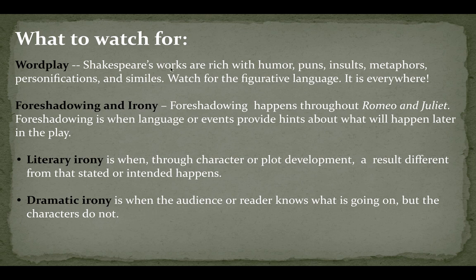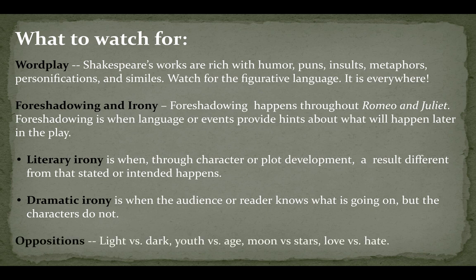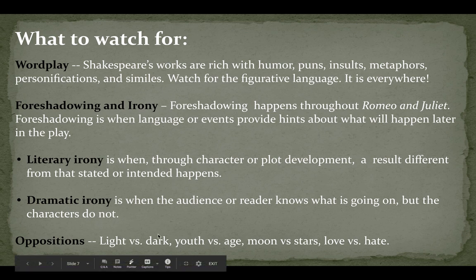So we're going to be looking for these things: wordplay, foreshadowing and irony, literary irony, and dramatic irony. There might be some other types of irony that we see as well. And then we're also going to see oppositions. We're going to see lots of figurative language and descriptions related to light versus dark.